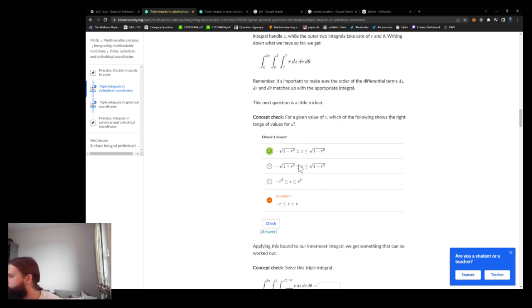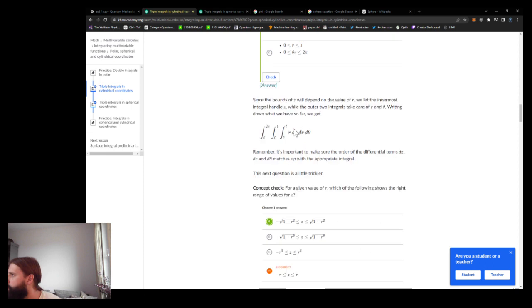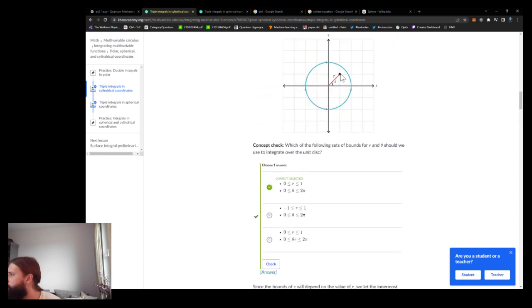I'm sure it's one of these. Why? Because given a value of r, the z boundaries, you have to calculate, the z values are different given a specific r. That's a good point. I think that's the mistake I was making, because you can't just fix the z to be between 0 and 1. That's not how this works. You have to define for a given small r what are the z boundaries, right?